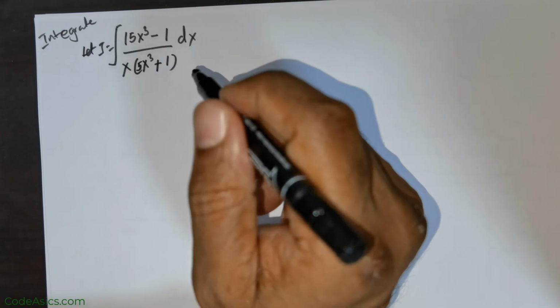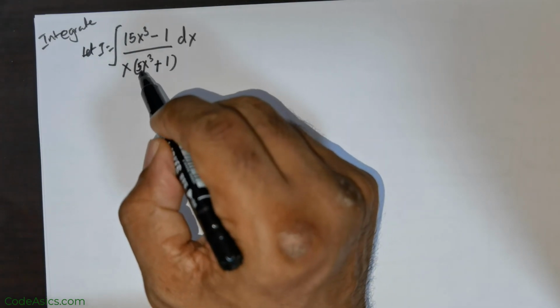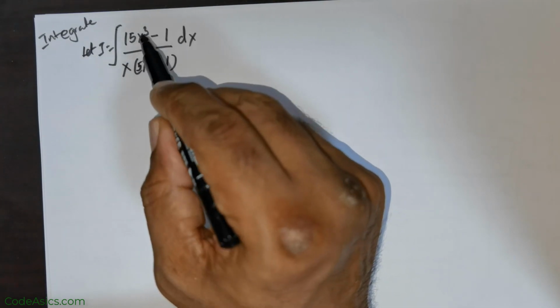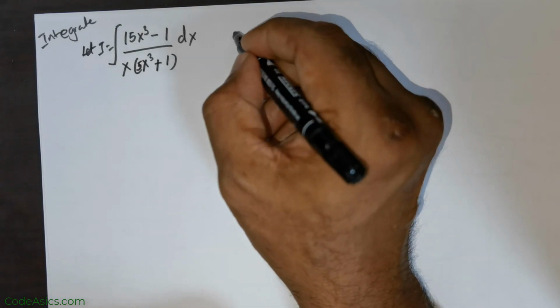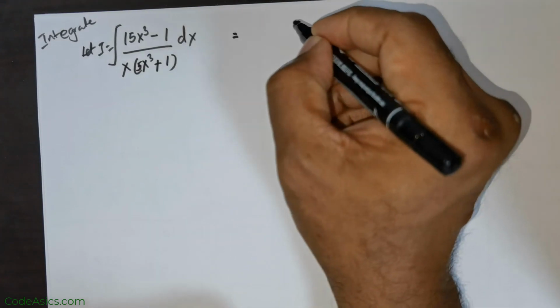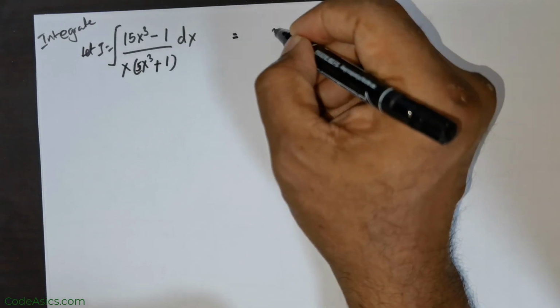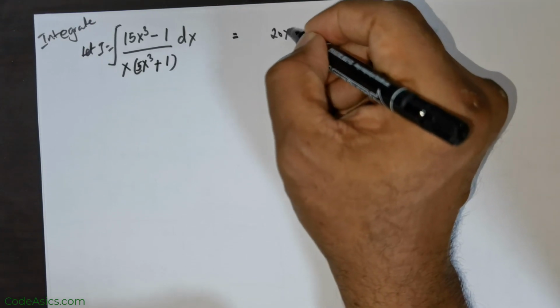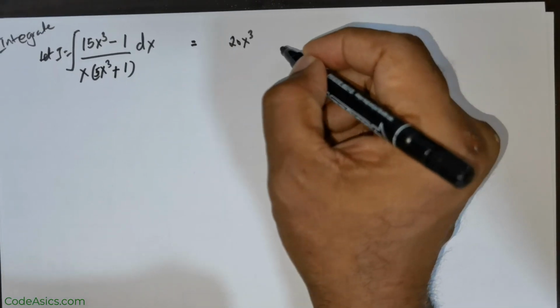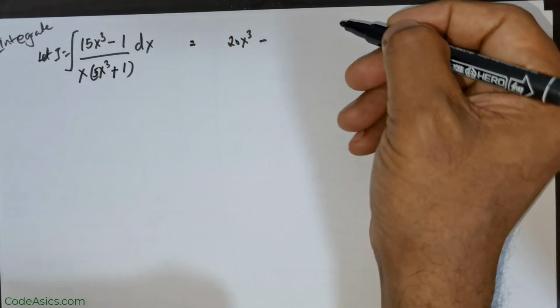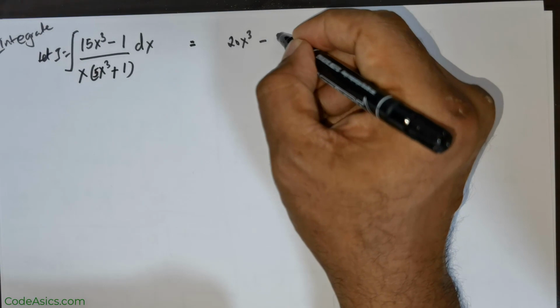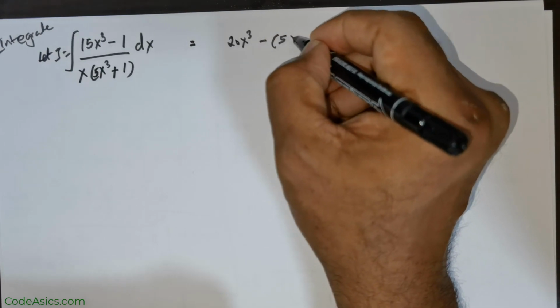So having mentioned that, I want to bring 5x to the power of 3 plus 1 over here in the numerator. For that, I'm going to rewrite 15 as, say, 20x to the power of 3, and then I will subtract 5x to the power of 3 from 20x to the power of 3.